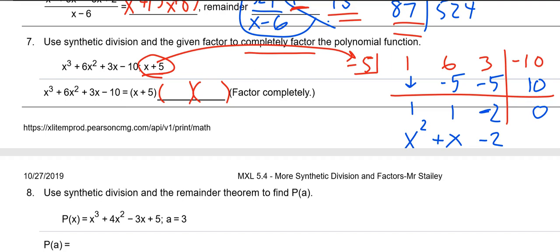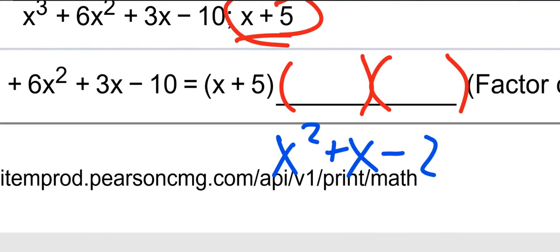Question is, can you factor x squared plus x minus 2? And if so, what are you going to factor it into? Well, x and x, right? Factors of negative 2, well, that means one has to be positive and one has to be negative.